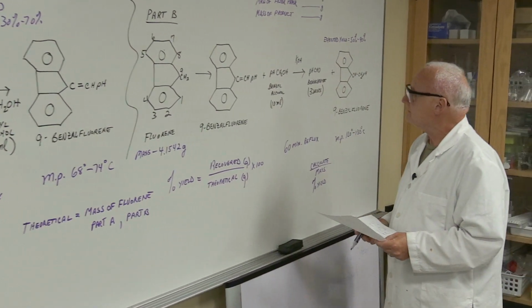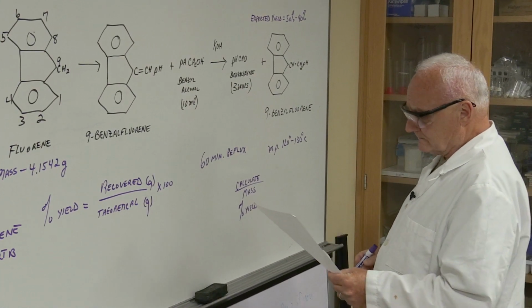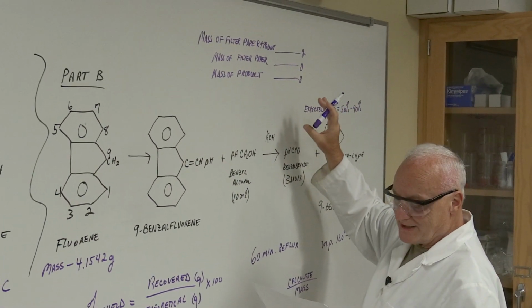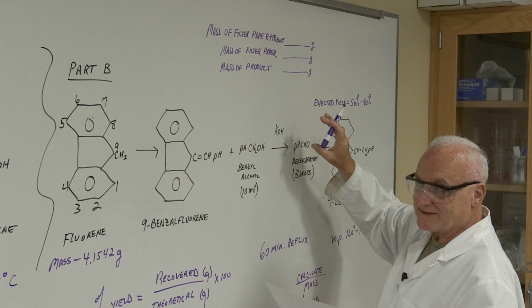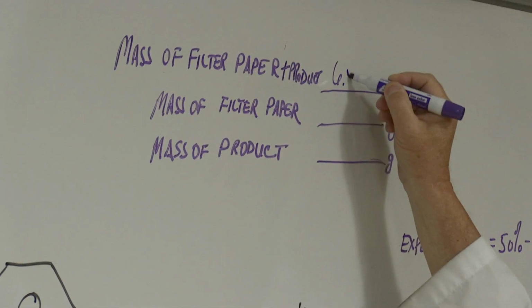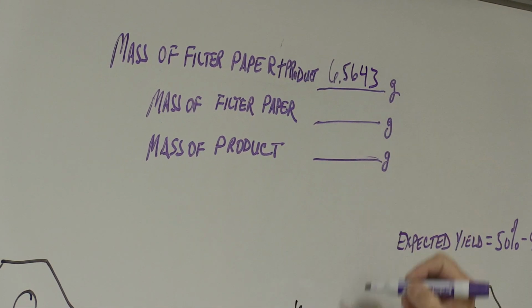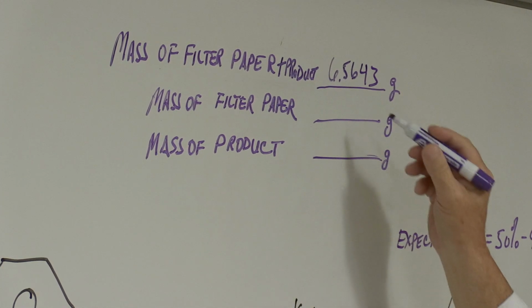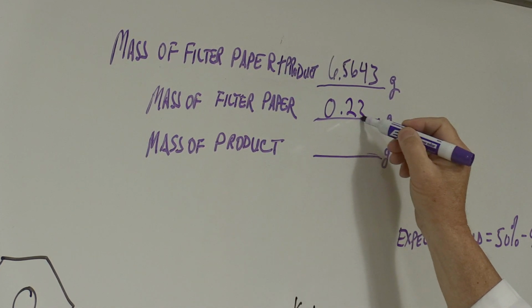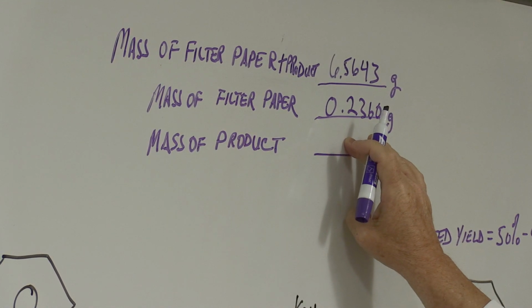Part B. We deducted the weight of the filter paper and the product from the weight of the watch glass as we did in part A. And we have the mass of the filter paper, and you provide the mass of the product.